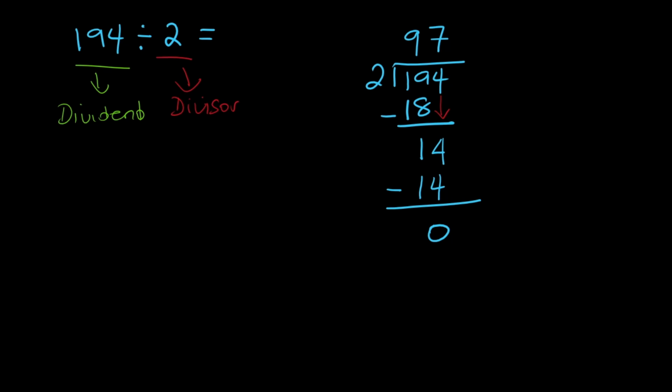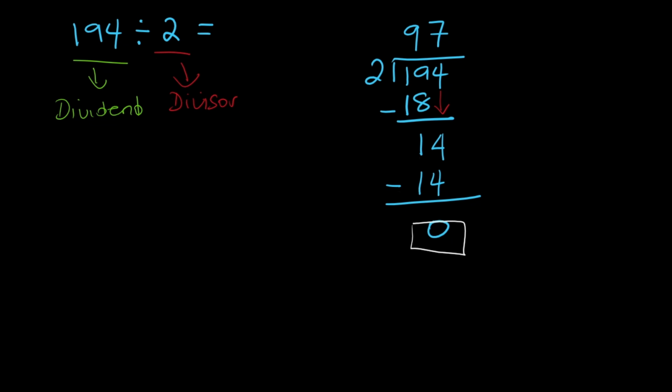Now when dividing, our goal is to end with a remainder of 0. So now that we are left with a remainder of 0, our problem is solved. The answer for our problem 194 divided by 2 is 97.